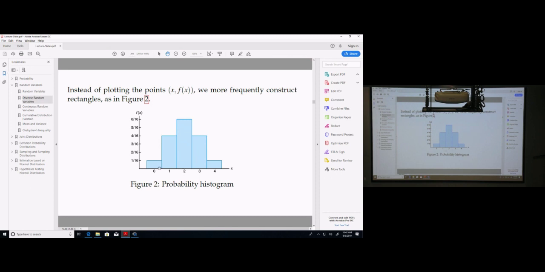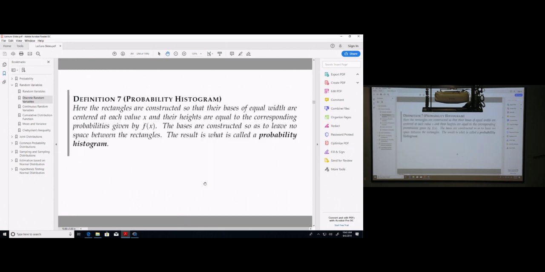So it would mean that I add up this area and this area. So you are adding up the area. And this is what we are going to do in the continuous random variable. We are looking at the area specified by the statement.